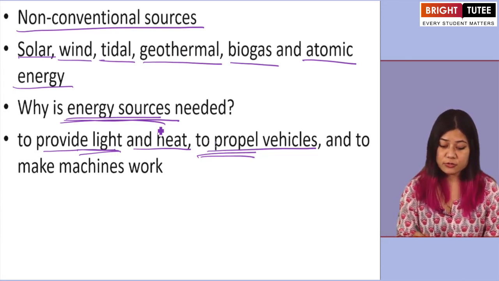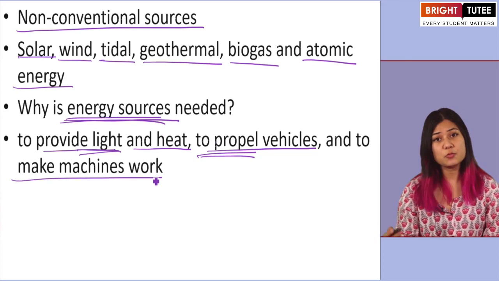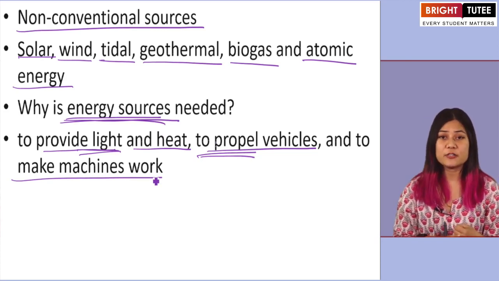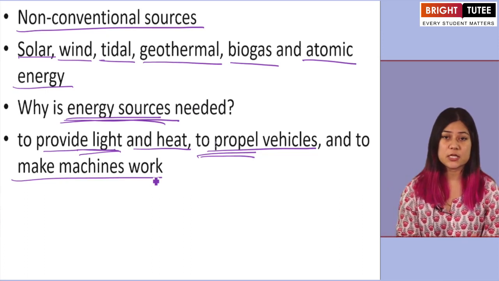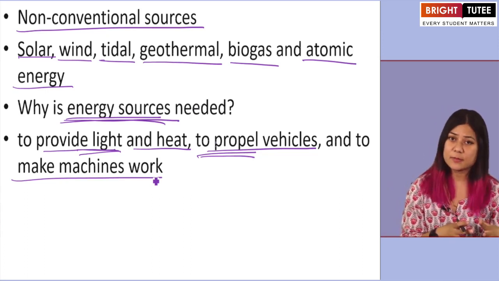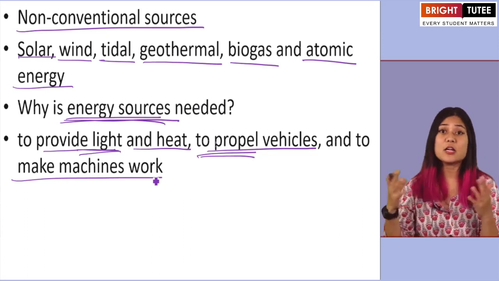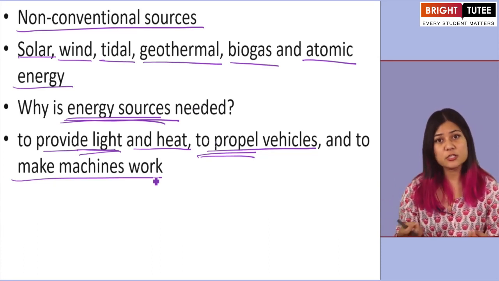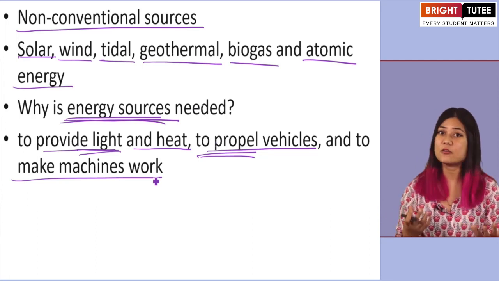And energy sources also make machines work. For example, in the industries and factories, they use huge machines. Some use small scale machines, some use large scale machines. For these huge machines to run, human beings are not enough.